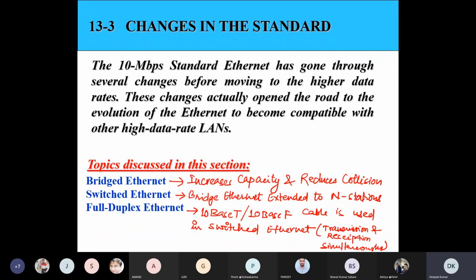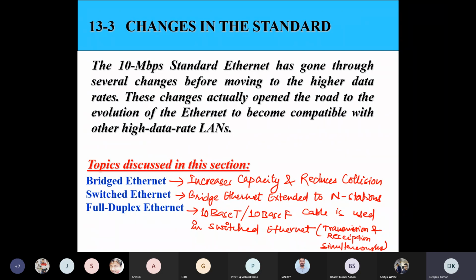Today we see how this standard developed for the next generation. The 10 Mbps standard Ethernet has gone through several changes before moving to a higher data rate. Some of the standards and protocols have been improved, and some of the internetworking techniques have also evolved, so that the data rate of transmission can be improved.